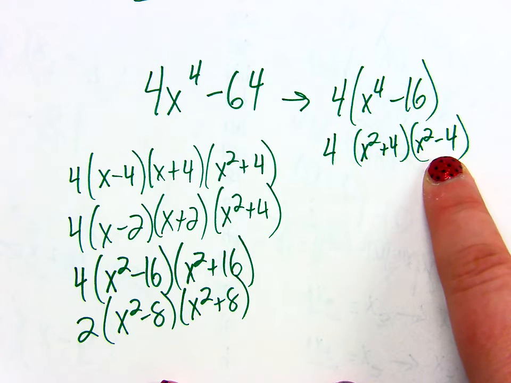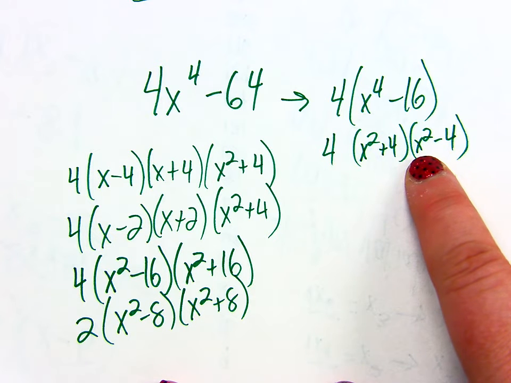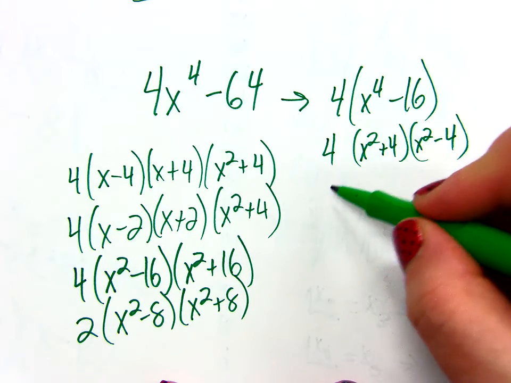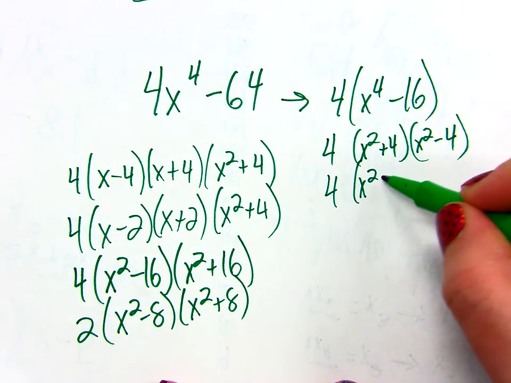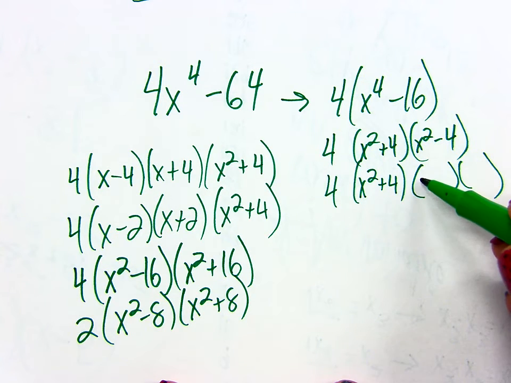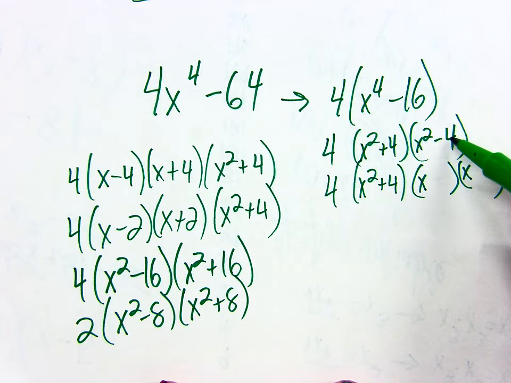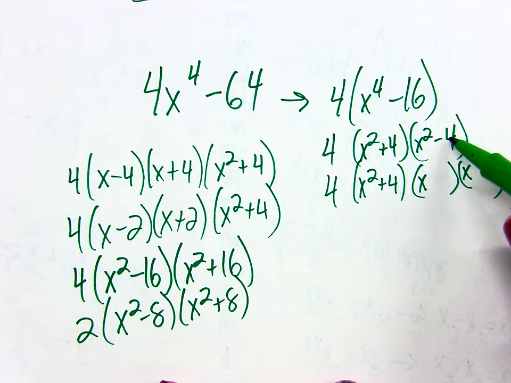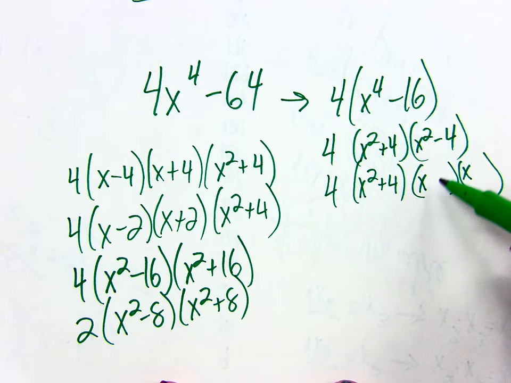This, however, is the difference of two perfect squares. I can take the square root of x squared and I can take the square root of 4. So that one's going to split up, whereas these two just come along for the ride. So they're there, and now this one splits again. Square root of x squared is x. Square root of 4 is, what's the square root of 4? 2.